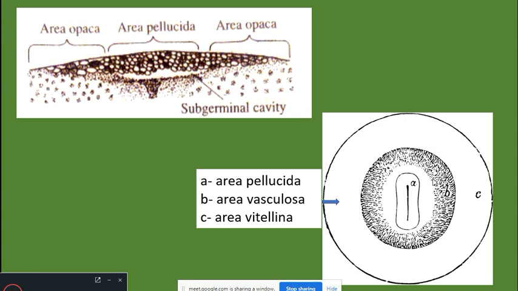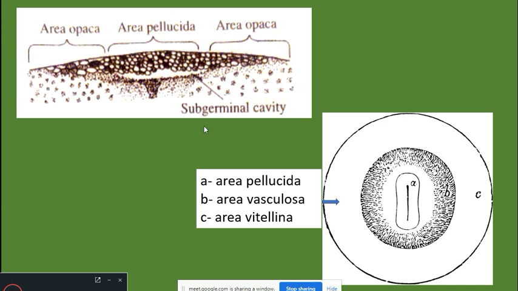Okay. And this area is called as the area vasculosa. So, it is from this area vasculosa that the blood islands develop from mesodermal tissues. Earlier we discussed about the blood islands. Okay. And the outermost region or the distal region of the area opaca is called as the area vitellina, beneath which is yolk concentrated. Okay.